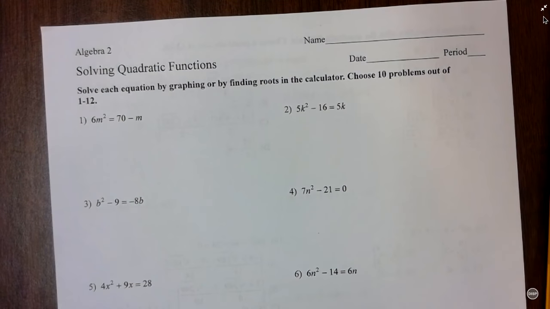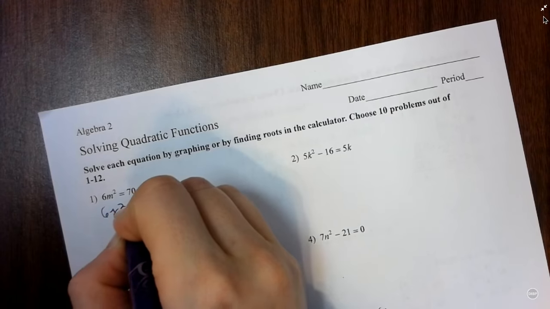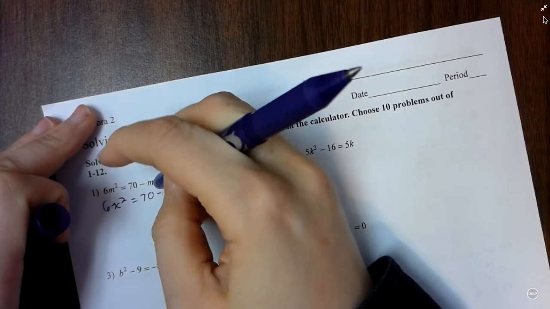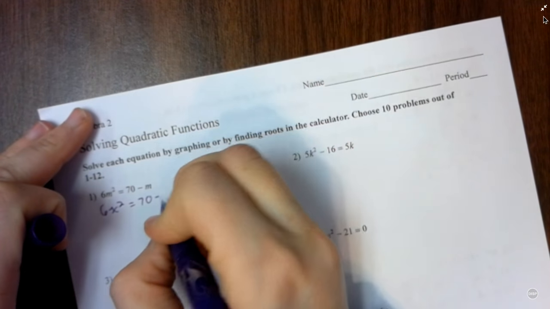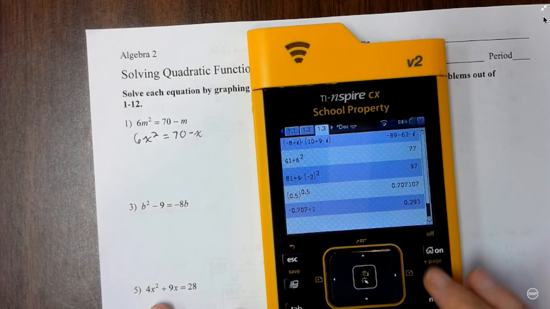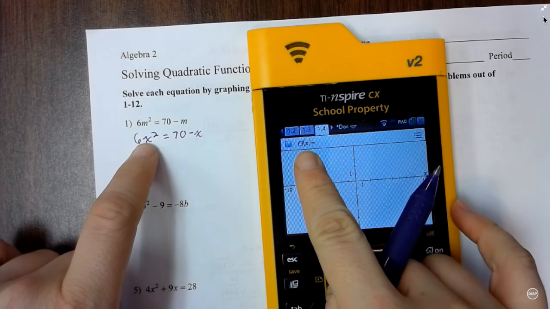So when you're graphing in the calculator, first of all, make sure you use an x, not another variable, because you'll confuse the calculator. Okay, so remember, you're gonna go to a graph page, and then each side is gonna get its own line.